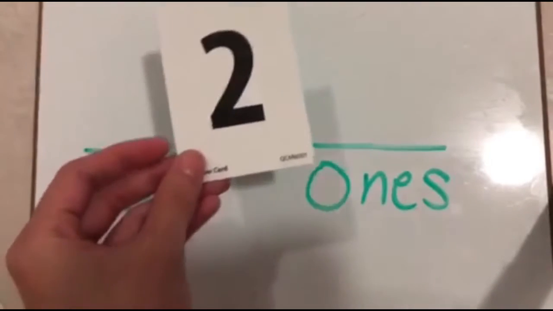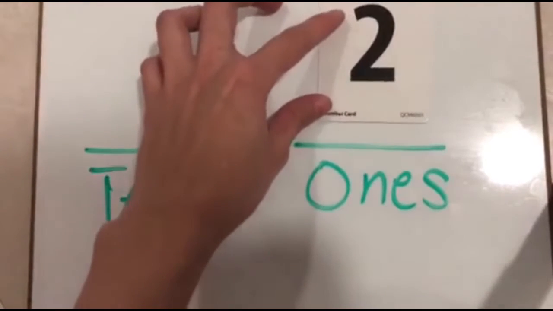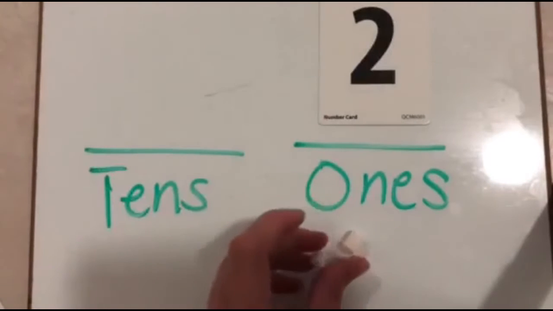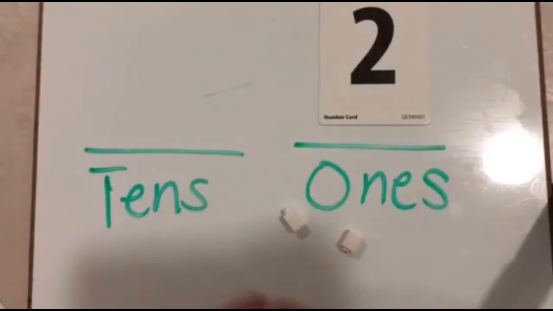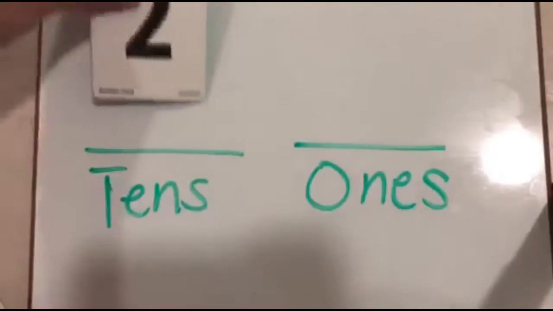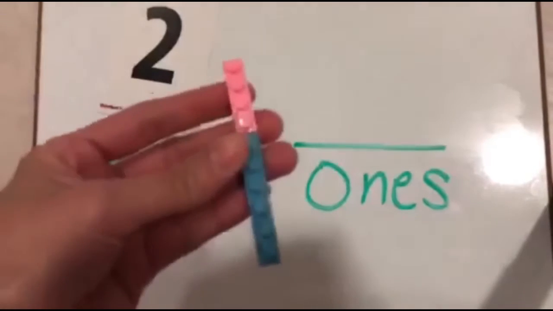For example, if I place the 2 in ones, the value of 2 will be 2 ones, 1 and 2. But if I put it in tens, the value of 2 in tens will be 2 groups of tens.